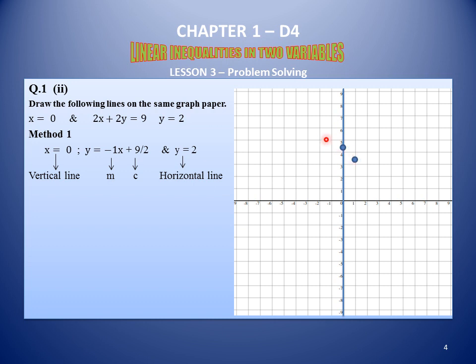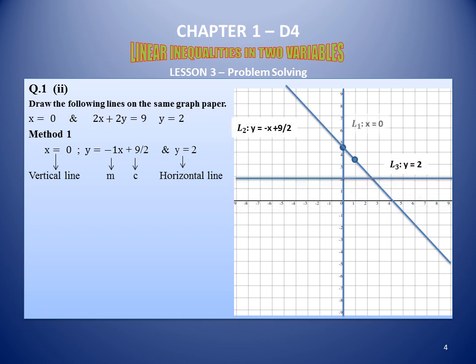Join these 2 points to get the line. This is the second line. Now because the third line is a horizontal line and it passes through this point, draw a line here and label these lines. It completes the graph by using method 1.